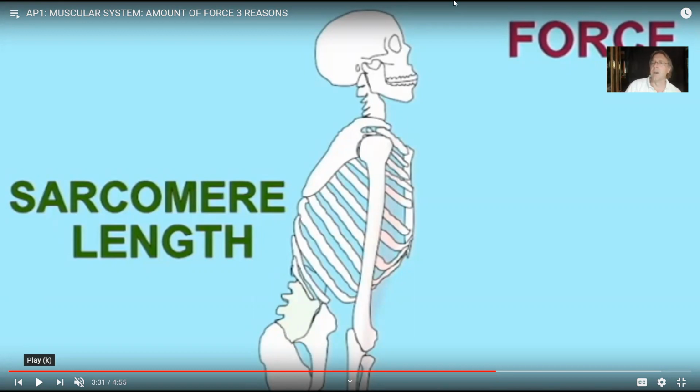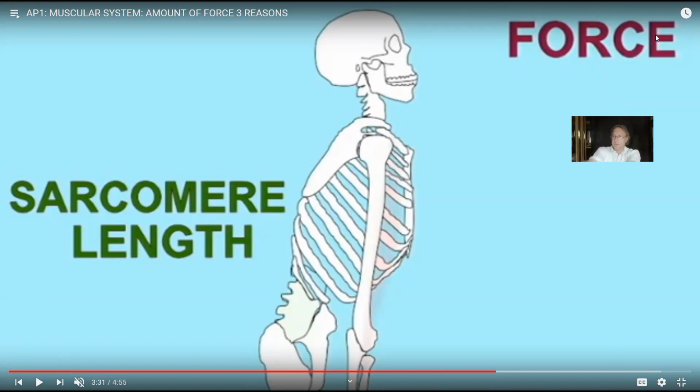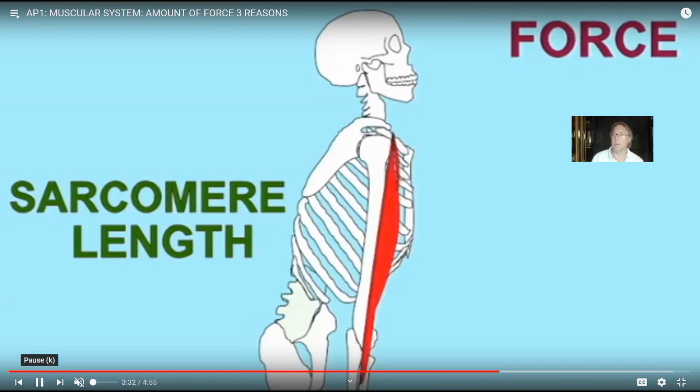Why? Well, because when you change the length of your arm here, you're changing the length of the muscle cells. So here, muscles are shorter and then have to stretch out when you're here, and thus you're changing the length of the sarcomeres. All right, so when you flex and extend your forearm, you're changing the length of the muscles.